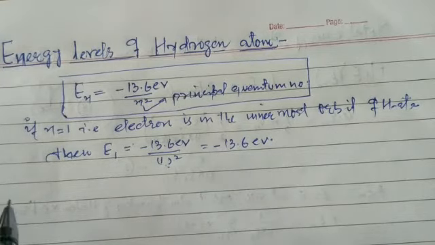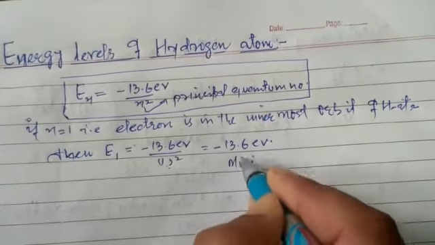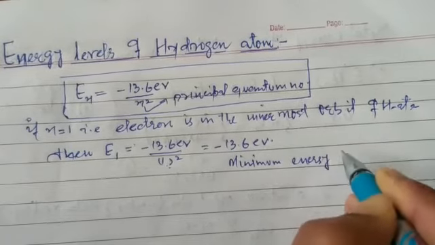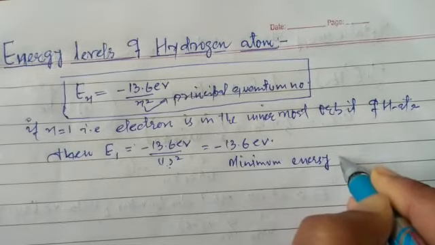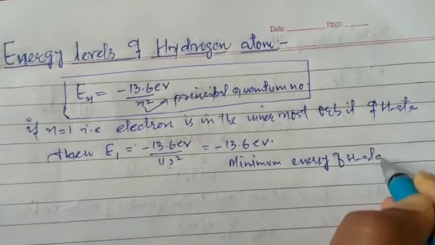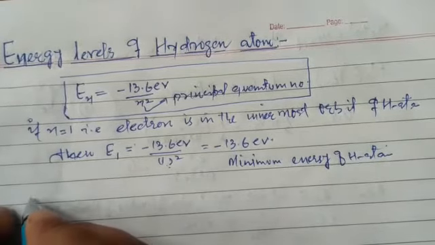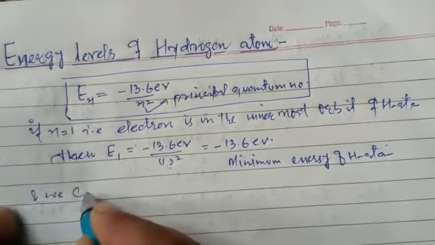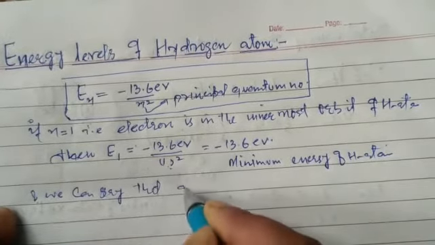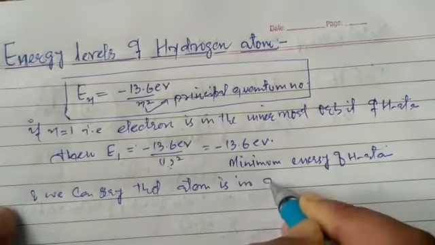This is the lowest energy, the minimum energy of hydrogen atom, and we can say that the atom is in ground state.